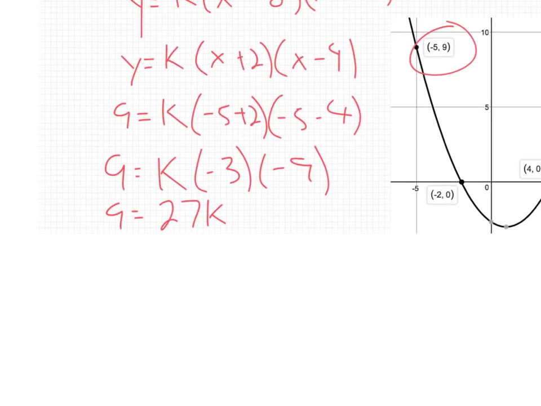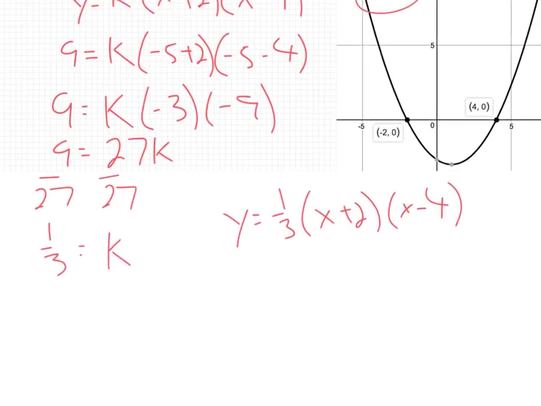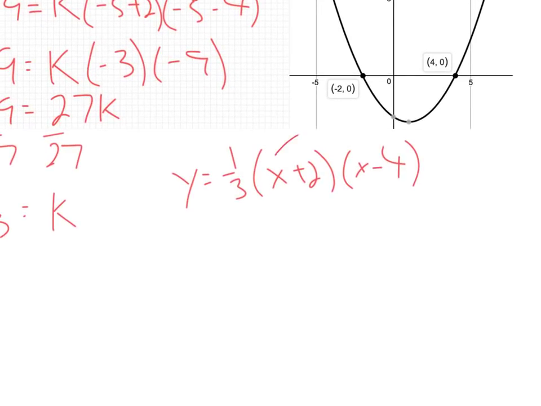Divide by 27, and k equals 9 over 27, which is 1/3. So our equation would be y equals 1/3 times x plus 2 and x minus 4.